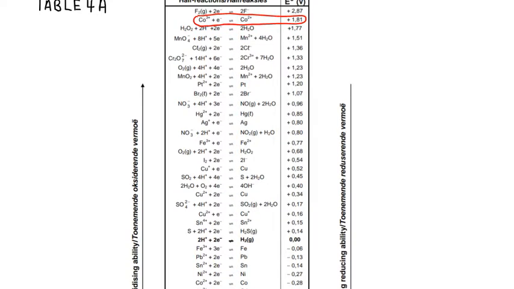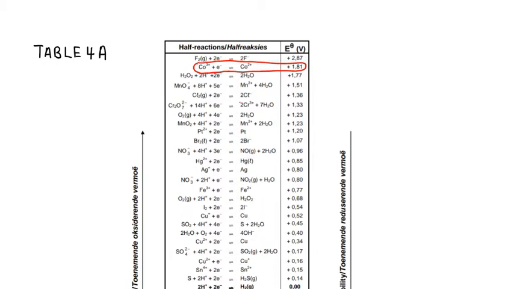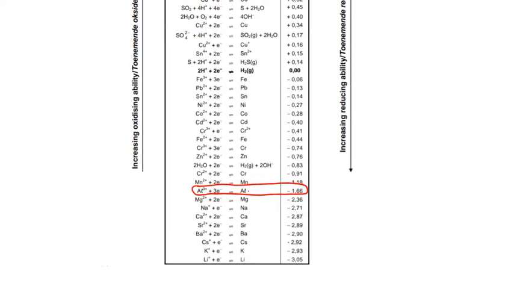Like I've explained before, if you look at this, you are seeing a strong oxidizing agent to the left and up. So our cobalt 3 plus ions are our strong oxidizing agents, and to the right and down you're looking at the strong reducing agent, so that is going to be our aluminium.